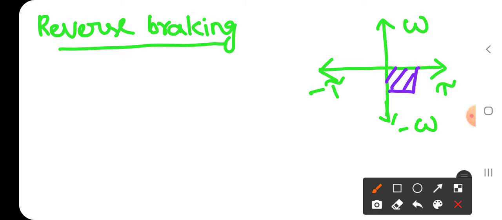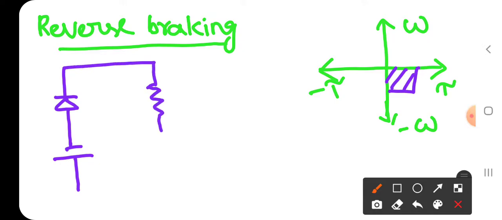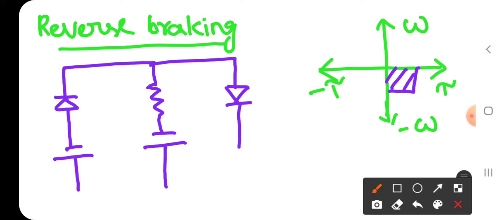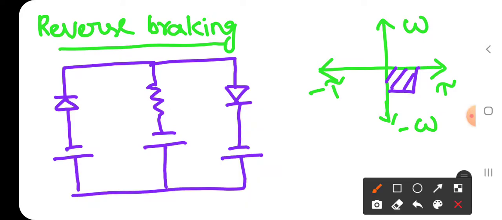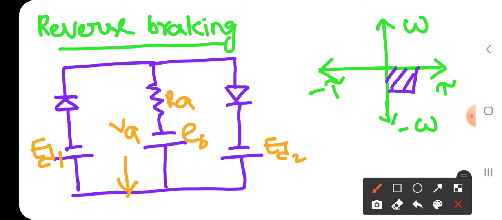So let me draw the circuit diagram. This is ED1 and this will be ED2. Yes, this is ED1, ED2, EB, RA, and here it is VA.